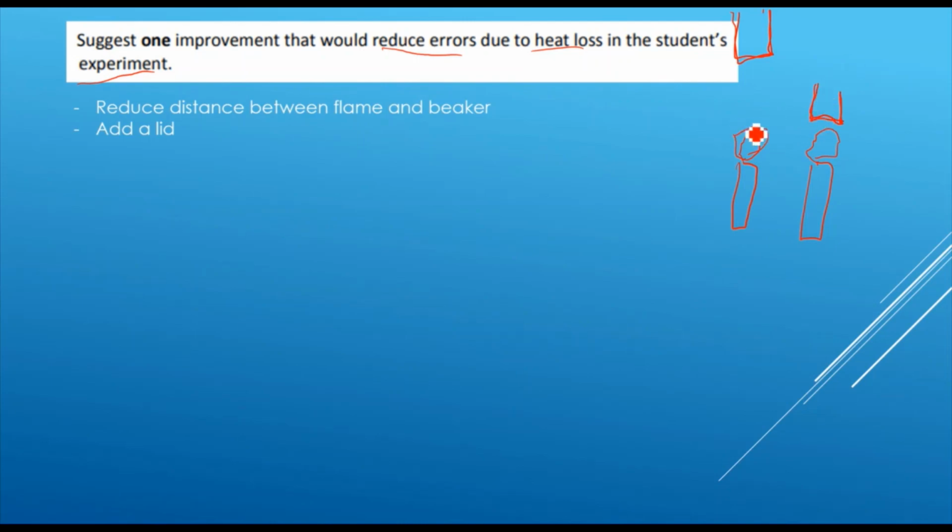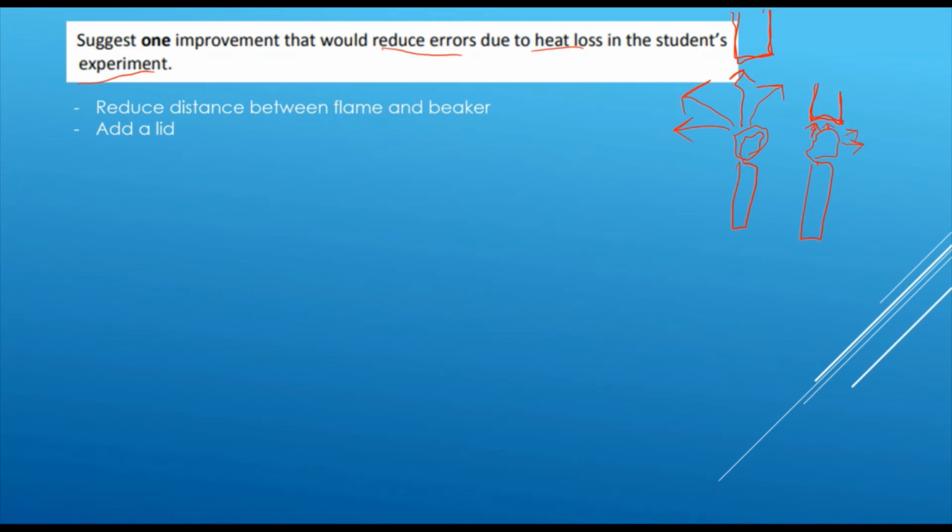So in the beaker that's quite far apart from the flame, there will be heat energy traveling to the beaker, but there will be a lot being lost. So the heat energy can travel to a lot of other places, whereas for the beaker that's quite close, there will be really small amounts of energy that will go into other places.